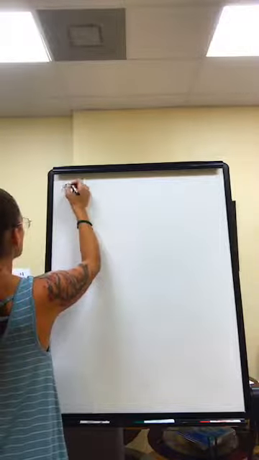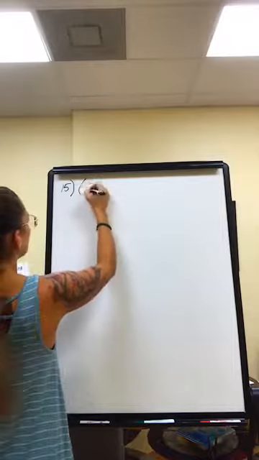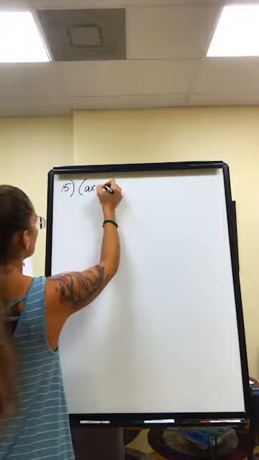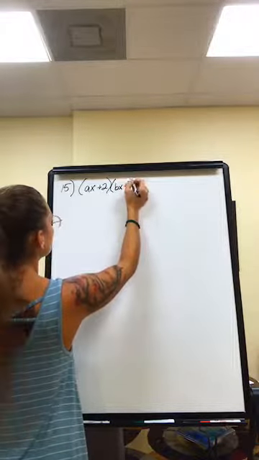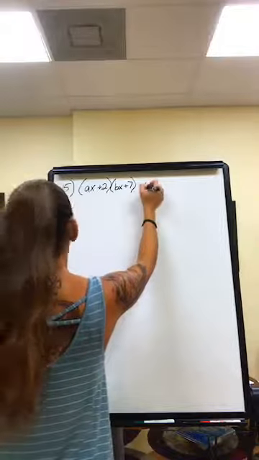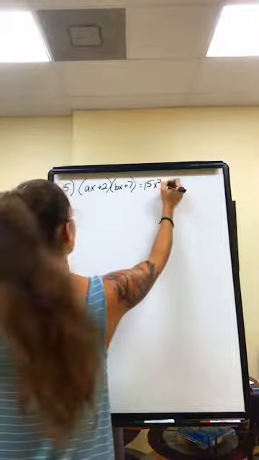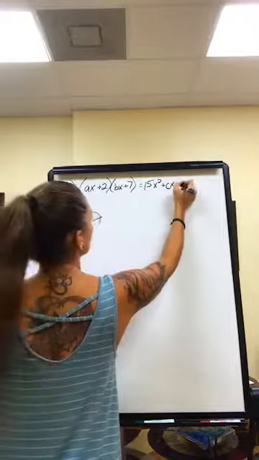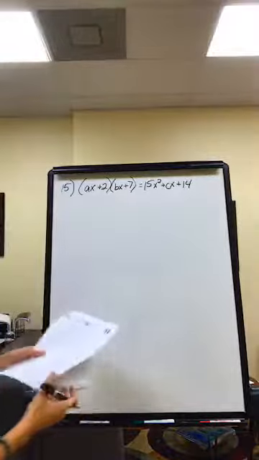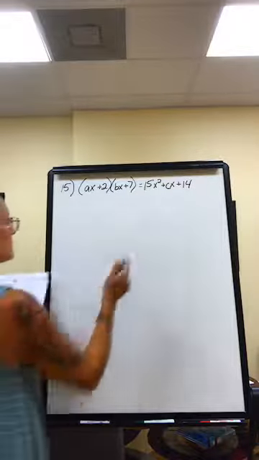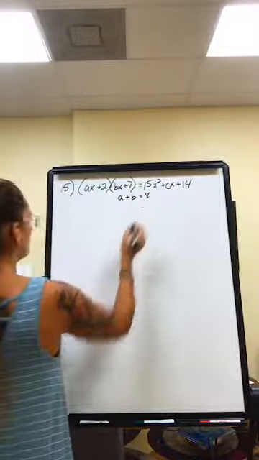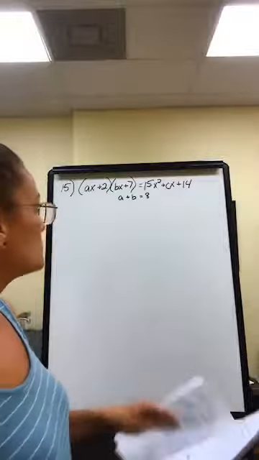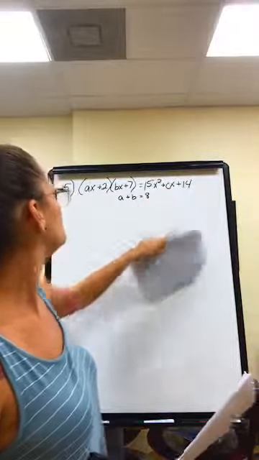All right, we're given a to the x plus 2 times b to the x plus 7 equals 15x squared plus cx plus 14 for all values of x. And we're also given a plus b equals 8. We're looking for the two possible values for c, okay?